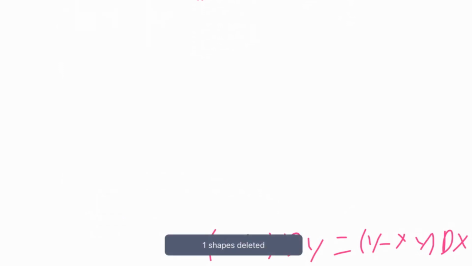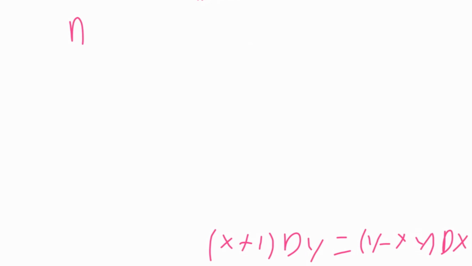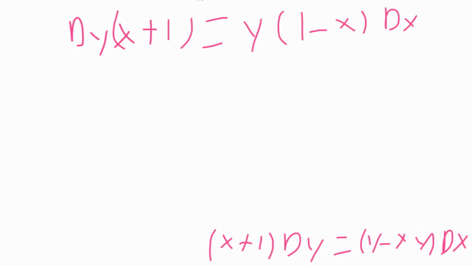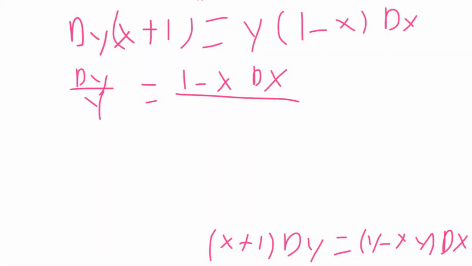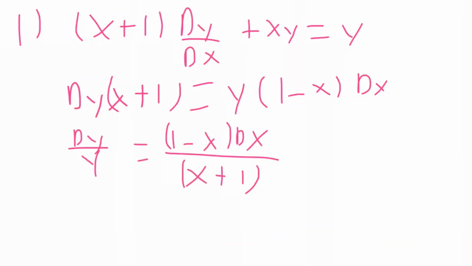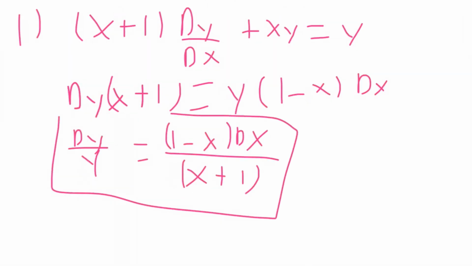So we can say (x plus 1) dy is equal to, we could factor out the y, y times (1 minus x) dx. And remember, we want the same variables with each other, so we have dy over y equal to (1 minus x) dx over x plus 1. So here we showed that it's separable.